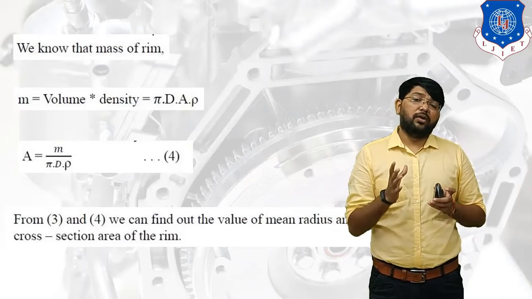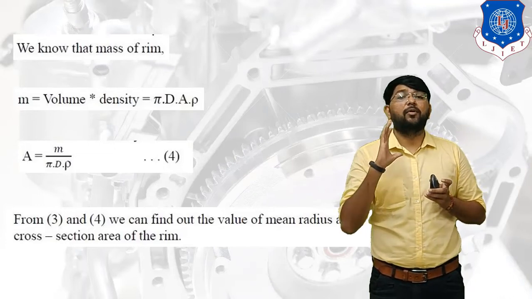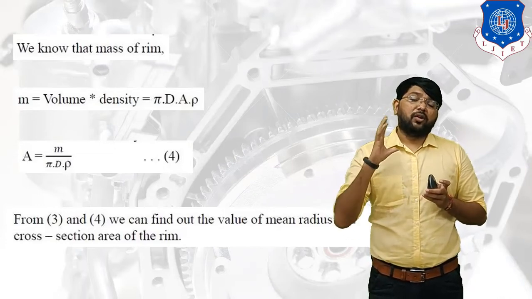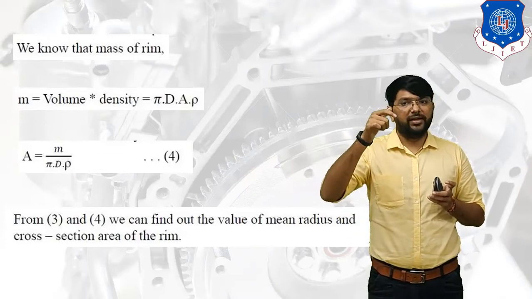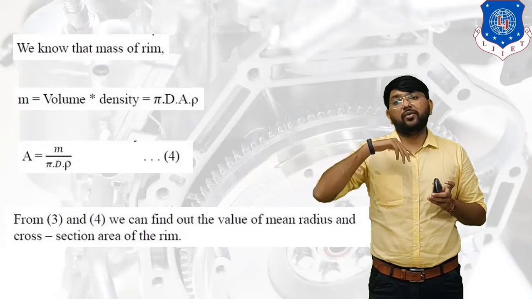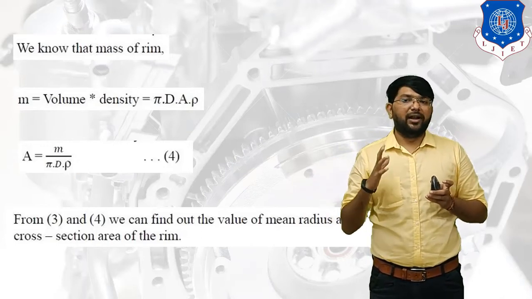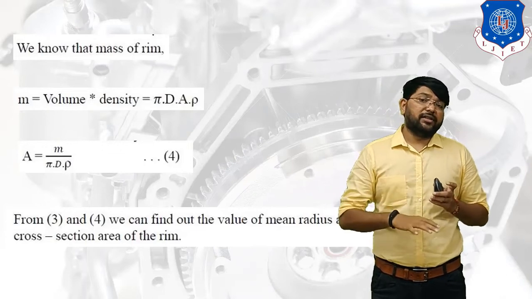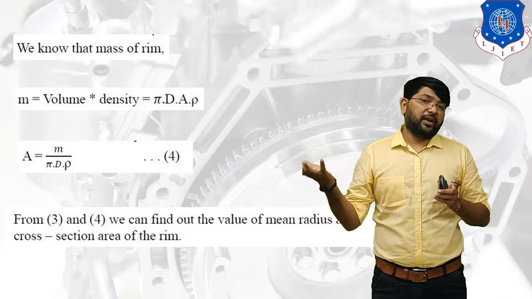Now you also know that the cross sectional area of the flywheel rim is in the form of a rectangle. So the cross sectional area, capital A, is equal to thickness into width. So based on the cross sectional area you can also find the width and thickness of the flywheel rim. Clear? So in today's session we discussed how to determine fluctuation of energy.